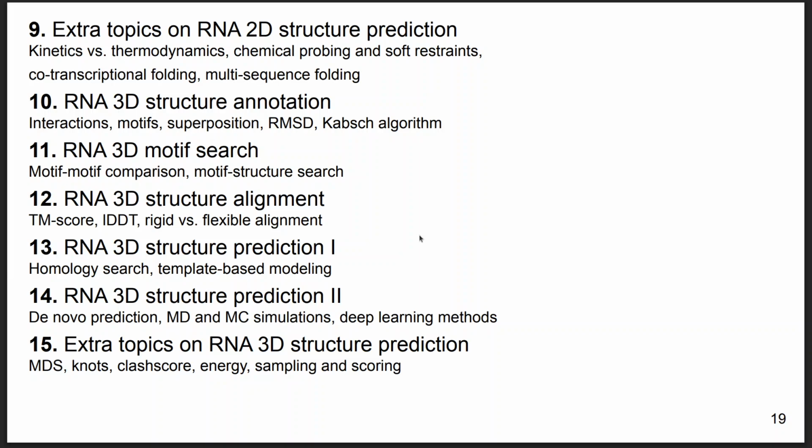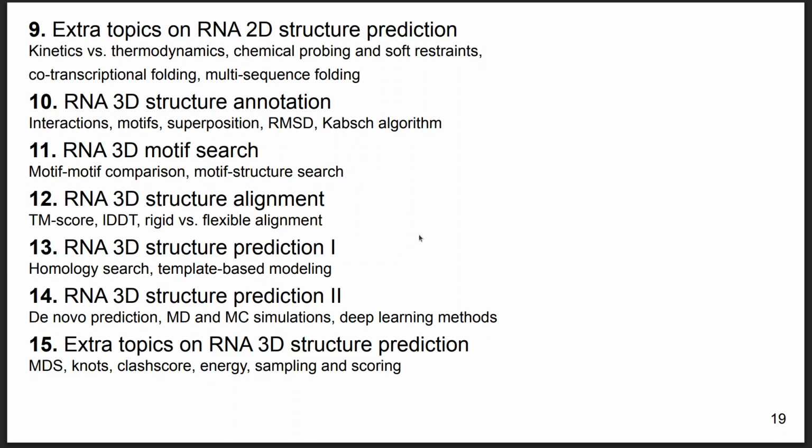So what happens if the RNA secondary structure folding happens simultaneously with RNA sequence formation during transcription, and how it changes things. And then we will devote 5 lectures to 3D structure studies.